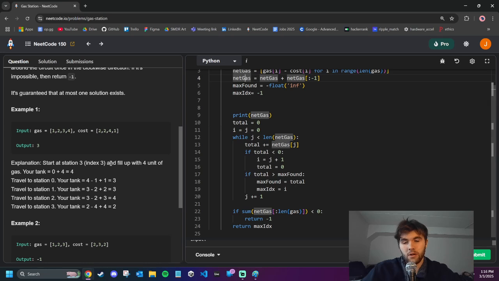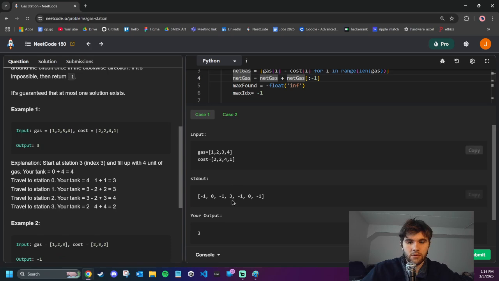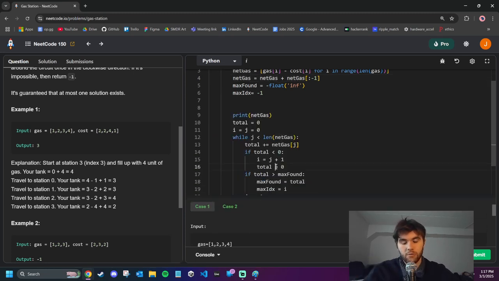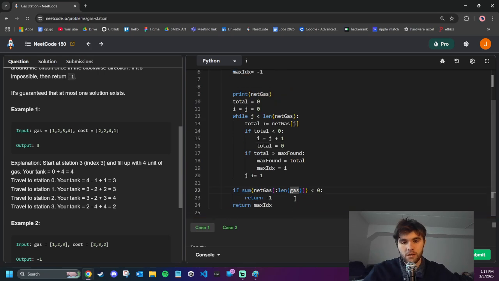Okay, so with that, I saw that the first, like this one, you start at 3 gas, and I know it's possible because you don't use all of it, or you use all of it. You don't use more than you have. But here you use 2 and you only have 1. And because this is telling us the net gas at every point, that's all we need to determine the information. So we take the sum of the net gas.